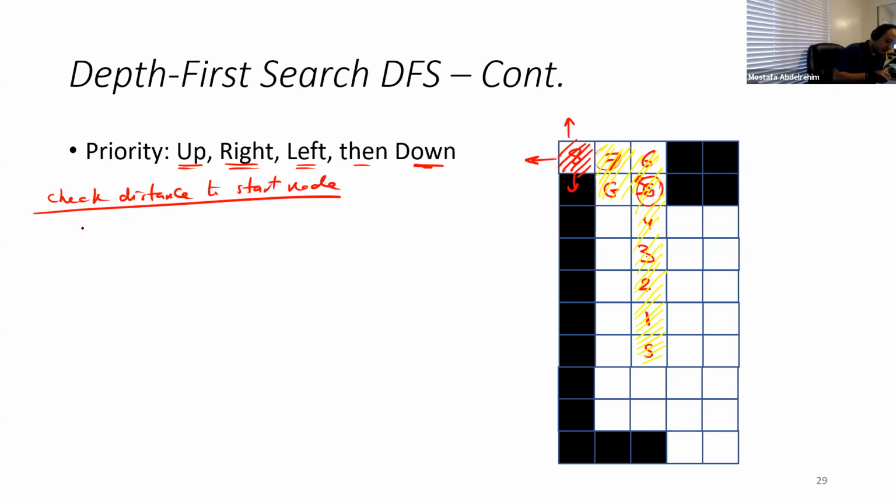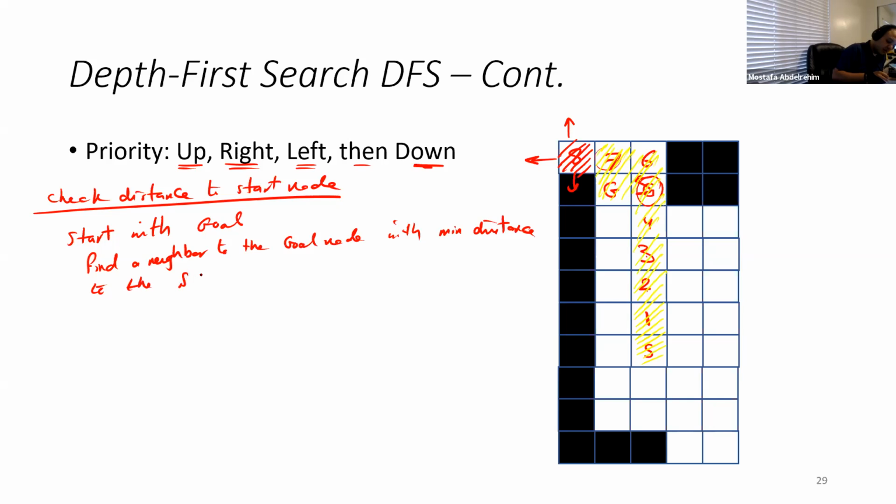So start with the goal, find a neighbor to the goal node with minimum distance to the start node.